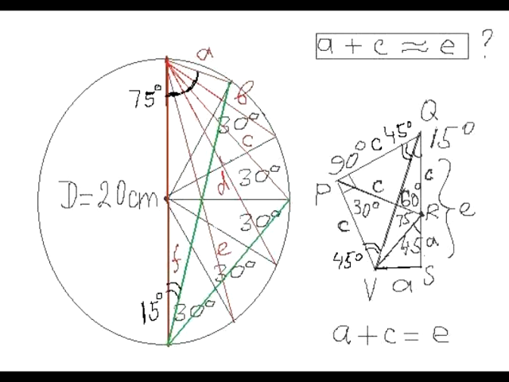If we draw point R on side QS such that QR has length C, then triangle QPR is equilateral, since angle PQR equals 45 degrees plus 15 degrees equals 60 degrees.